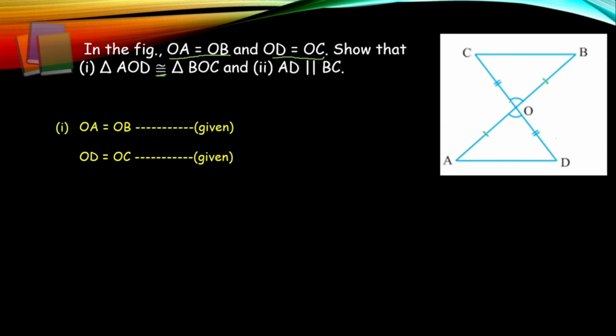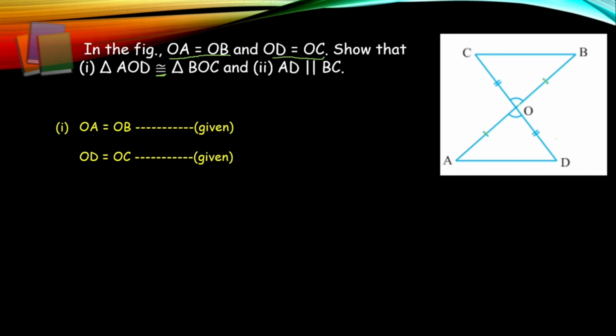We have a property for intersecting lines that the vertically opposite angles are equal. I'm talking about the angles COB and AOD. They both are equal because AB and CD are intersecting lines, and vertically opposite angles are always equal.